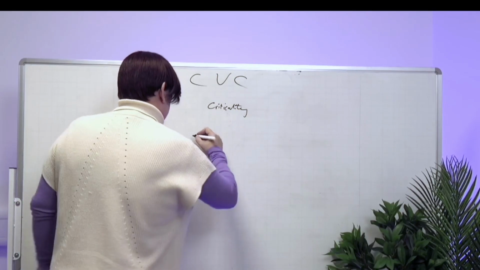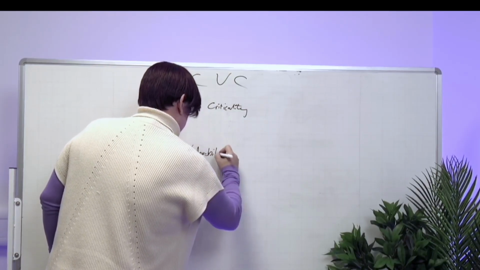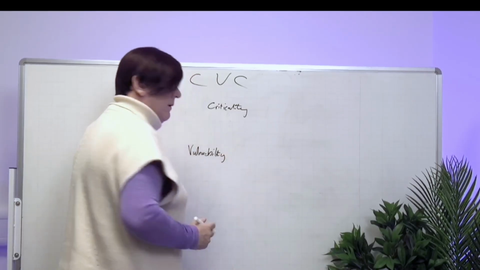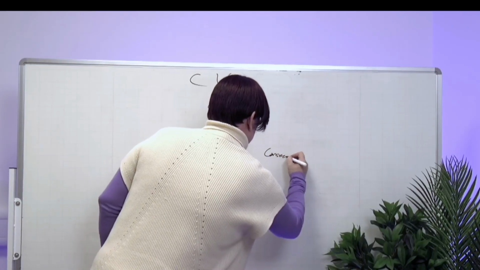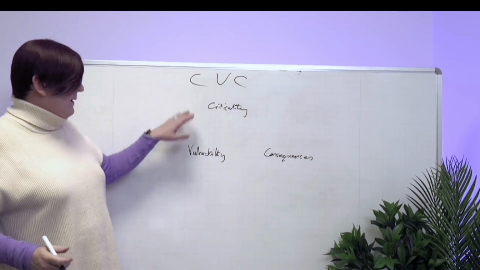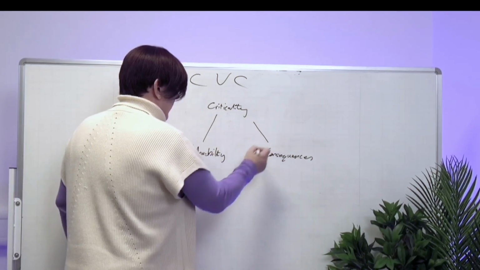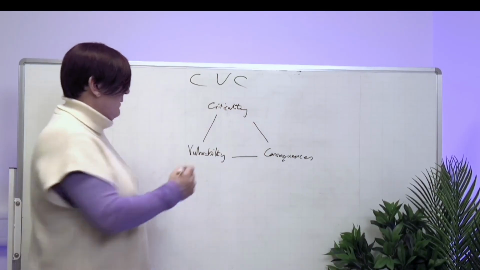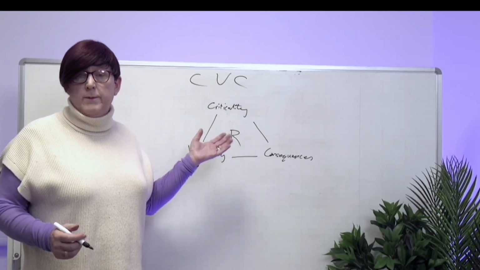So we have criticality, vulnerability, and we have consequences. And these three are strongly linked. The sum of these is what gives us our third party risk.